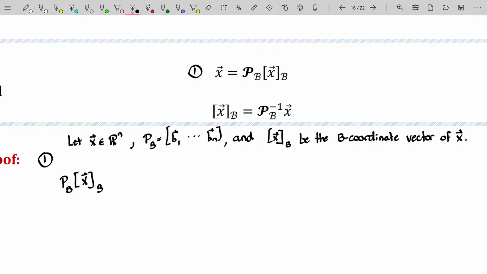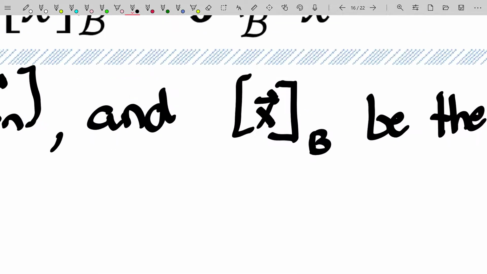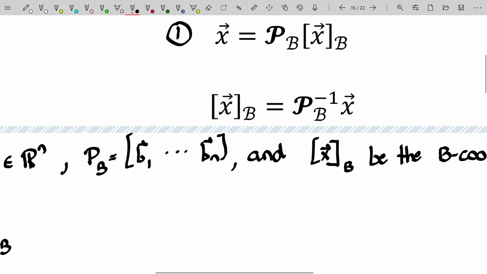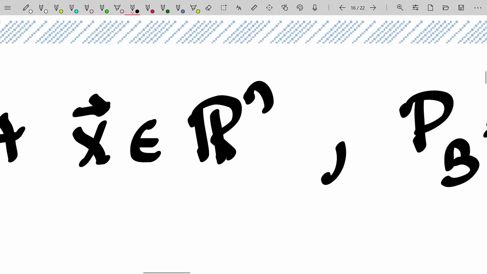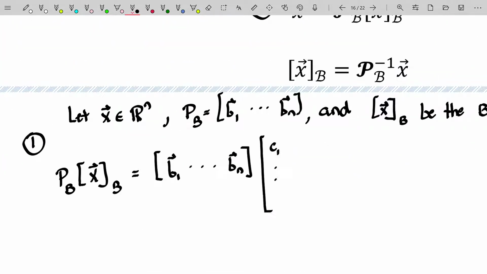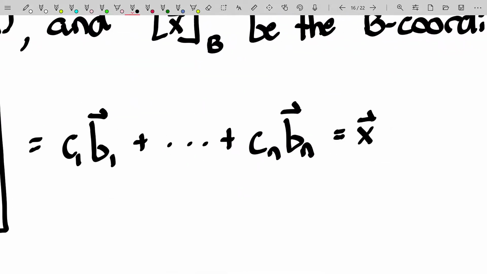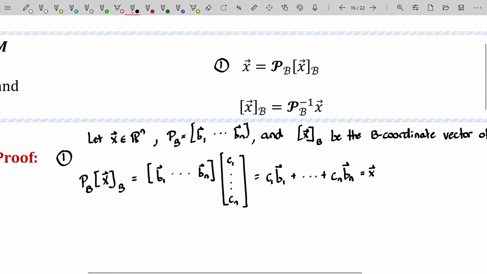Well, by definition, the entries in x sub b are the weights of each of the corresponding basis vectors that will yield the vector x. That is, this linear combination of the basis vectors is designed such that it will yield the vector x. So that actually proves step 1, or problem 1, whatever you want.